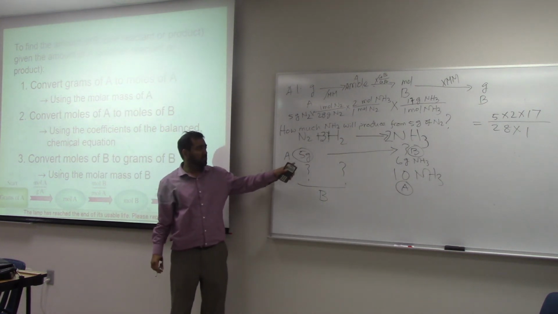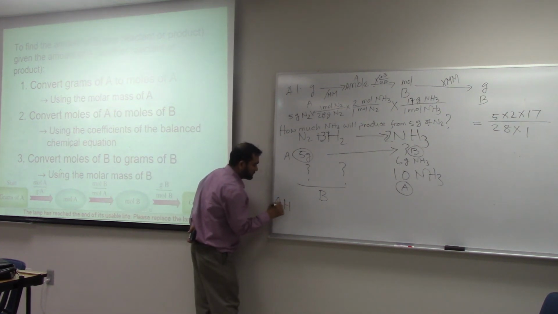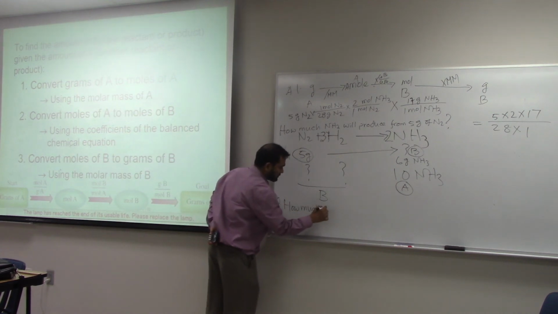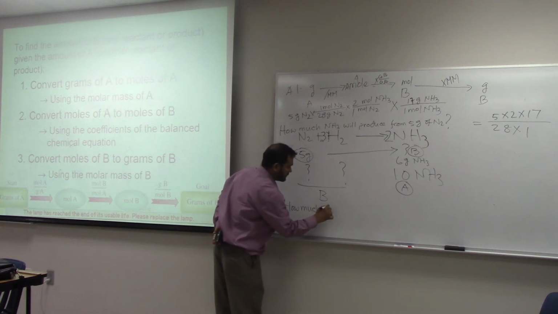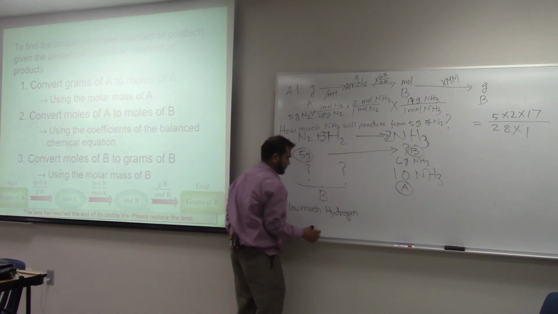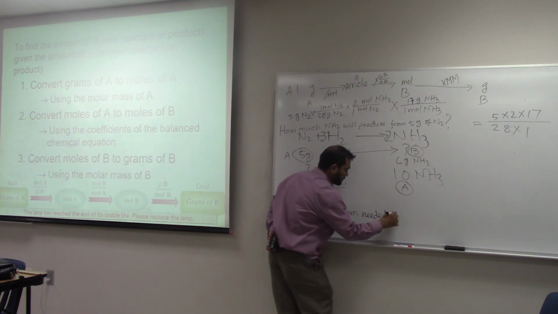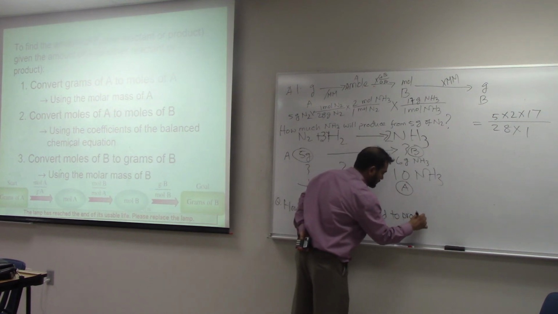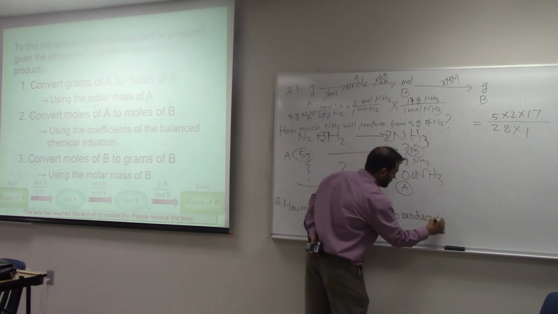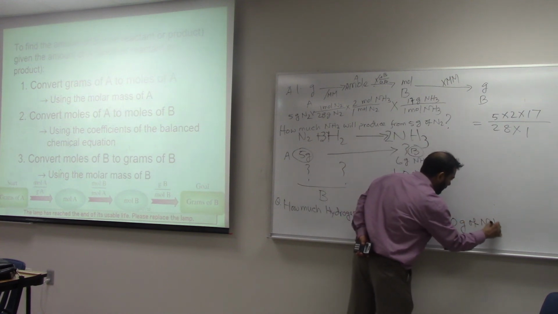Can you solve the second one in a group? The second question is, how much hydrogen is needed to produce 10.0 gram of ammonia?